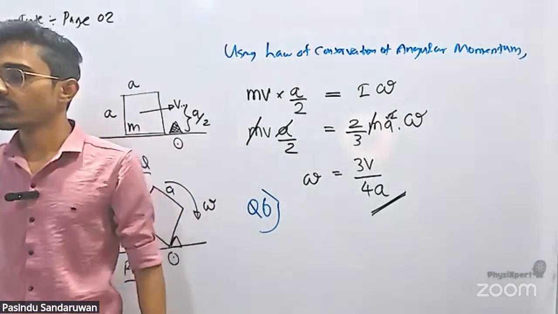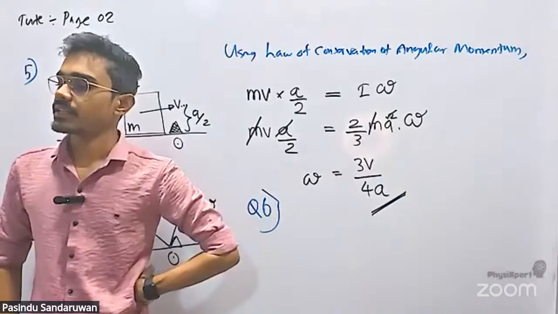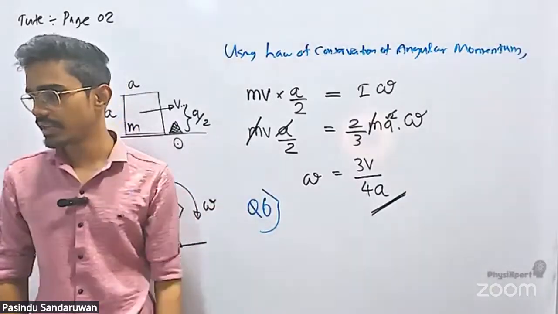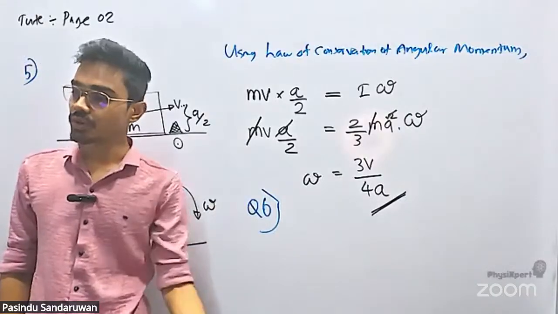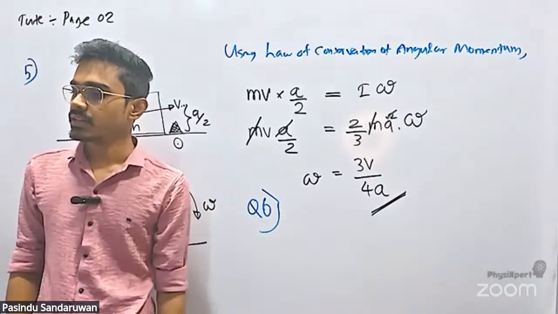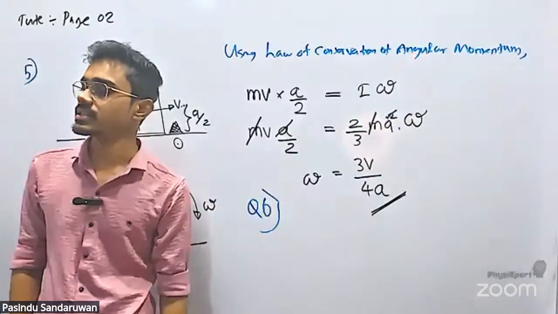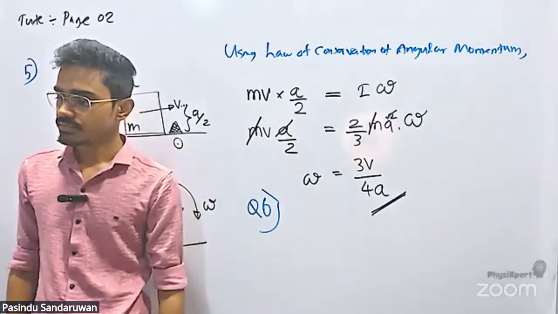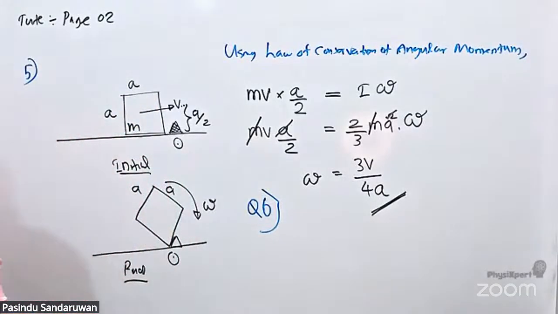A uniform rod is hung freely at point A. Another particle of mass m travels with a uniform velocity v and hits on the free end of the rod. It sticks to the rod immediately after the collision. Determine angular velocity of the system after the collision. Moment of inertia of rod around A is 1/3 ml squared. Okay. Give it a try. 2 minutes again.